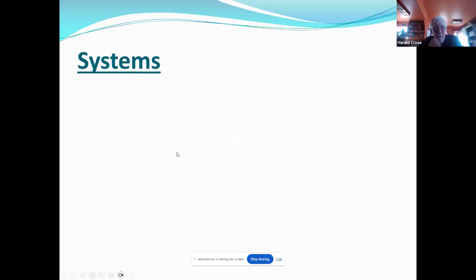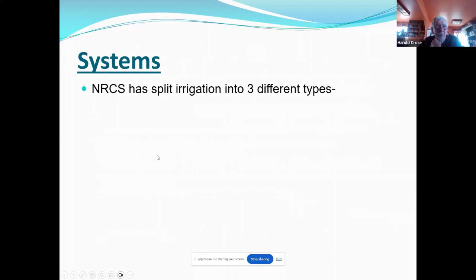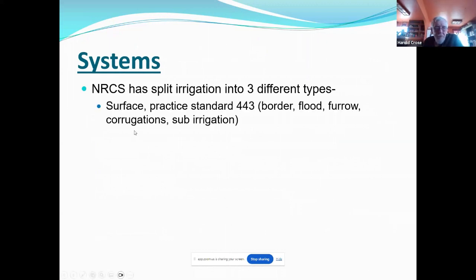So let's talk a little bit about systems. NRCS has split irrigation into 3 different types, and John kind of hit on this at the beginning. Surface practice standard is 443 for border, flood, furrow, corrugations, and sub-irrigation falls under that practice standard. Now you'd think, well, why would we even be looking at surface irrigation?